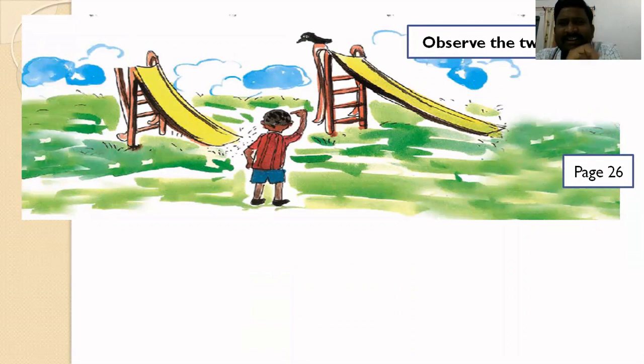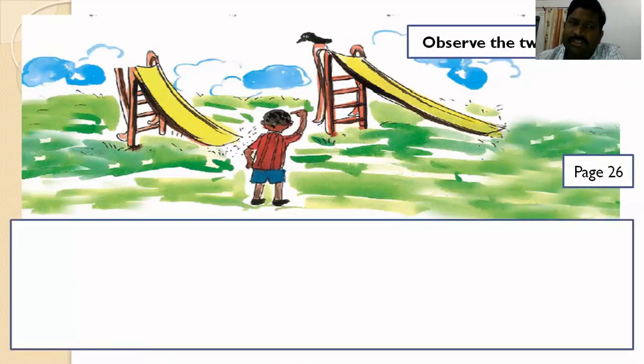Okay, observe these slides. This one is steep, this one is slightly sloping. So he has to decide which is safe for him, which is dangerous for him, which slide he should use to play.